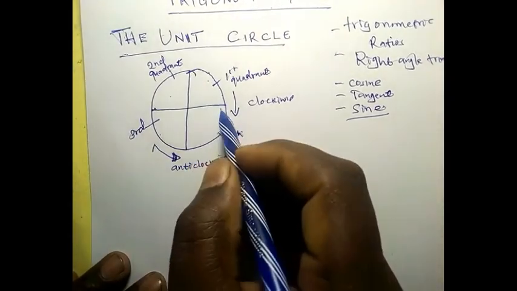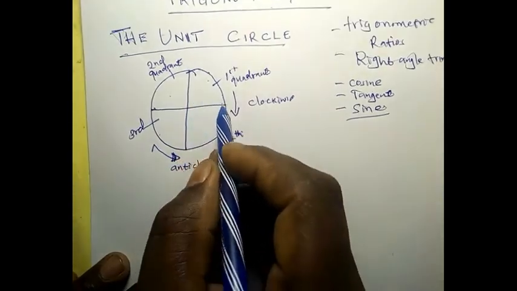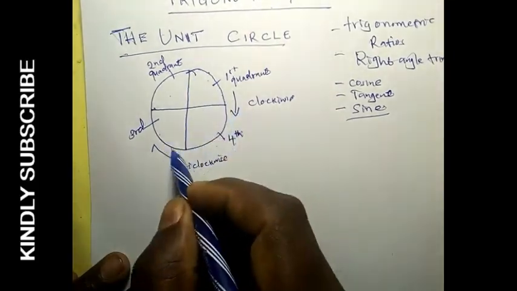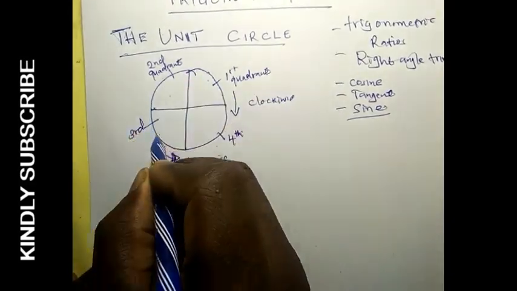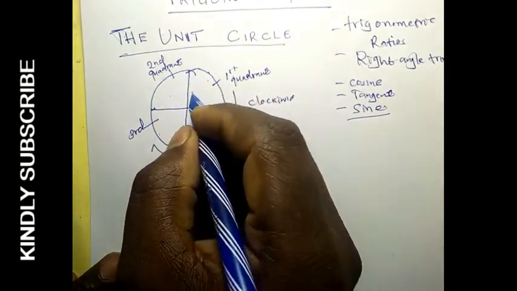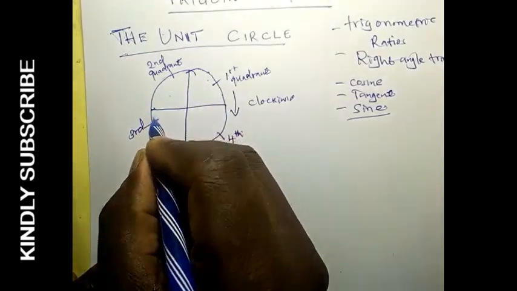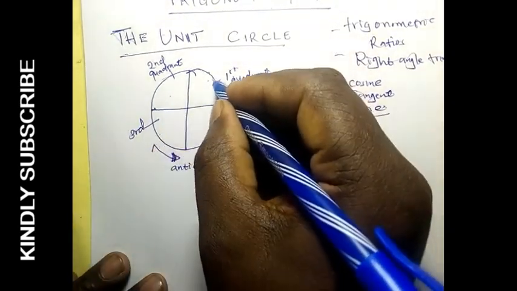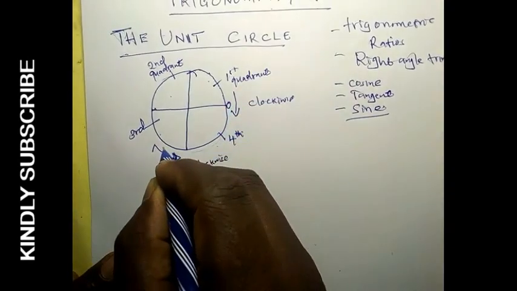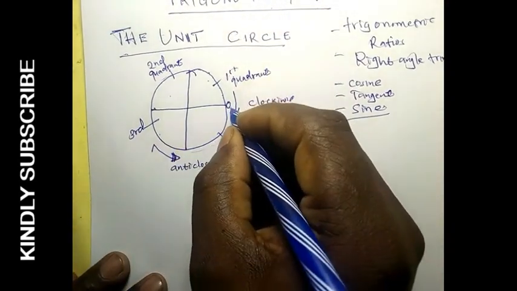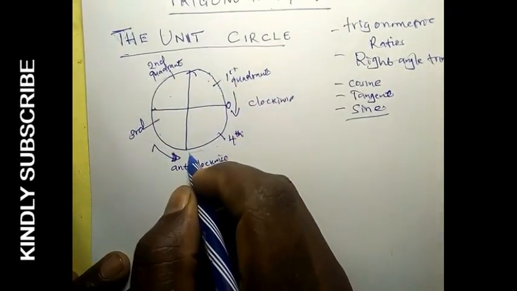So we read angles using a unit circle either way, either clockwise or anti-clockwise. Angles that are read anti-clockwise are positive. Angles read from this point 0 clockwise are negative. So clockwise angles are negative, anti-clockwise are positive.